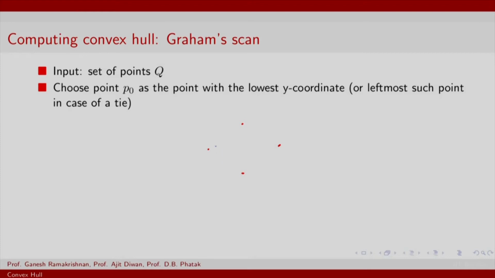We leave it as homework to develop variants of Graham-Scan that start with the leftmost point or the rightmost point or the topmost point. For the sake of the remaining discussion, we will start with this bottommost point, the point with the lowest y coordinate.